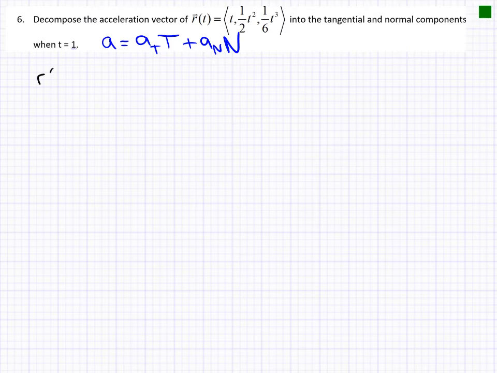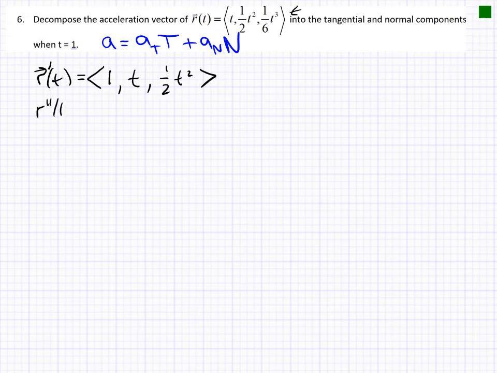So we have r. We need to find r prime. So r prime is pretty easy to find. It's going to be 1, it's going to be t, and it's going to be 1/2 t squared. And we're just taking the derivative of r itself. So then we have r double prime, which is this acceleration vector that we're trying to decompose, but we have to find the acceleration vector first.